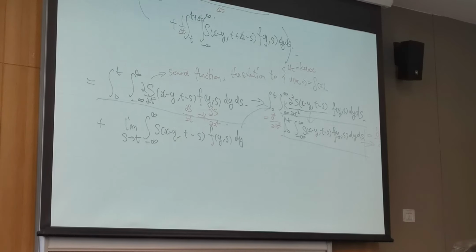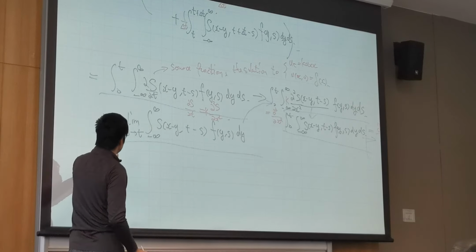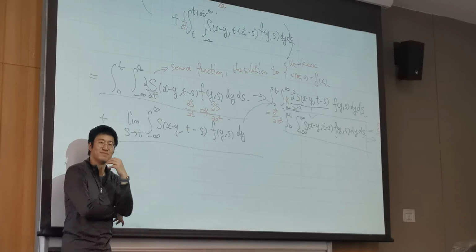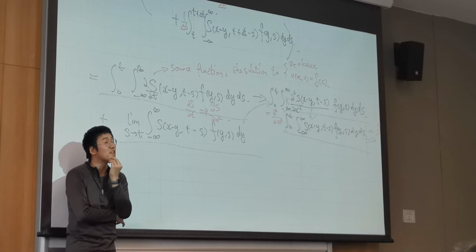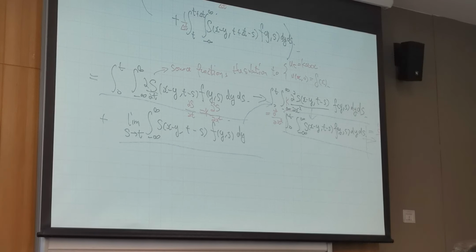What about the other guy? What is the limit of t minus s as s goes to t? 0. Good.